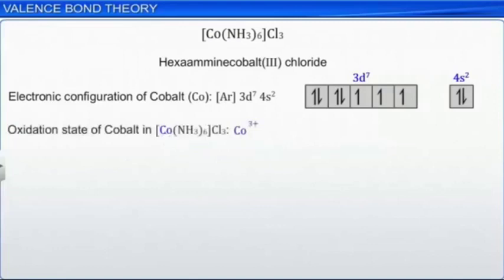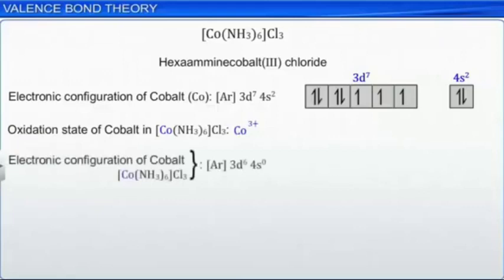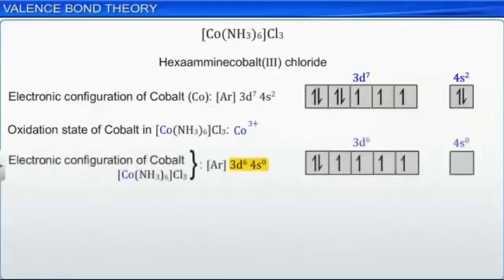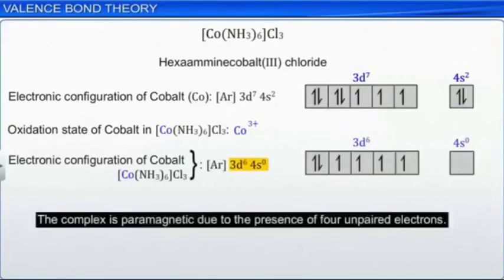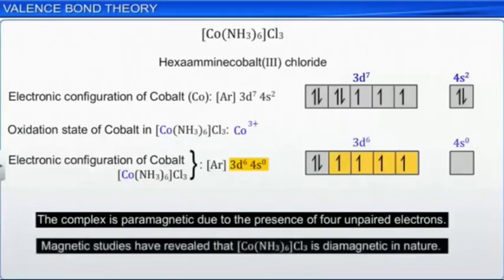Thus, the cobalt(III) ion will have the configuration of 3d6 4s0. A glance at the configuration indicates that the complex is paramagnetic due to the presence of 4 unpaired electrons. Magnetic studies, on the other hand, have revealed that the given complex is diamagnetic in nature.